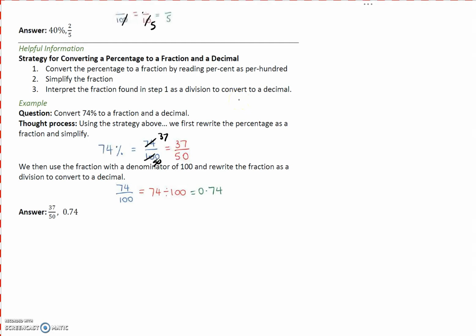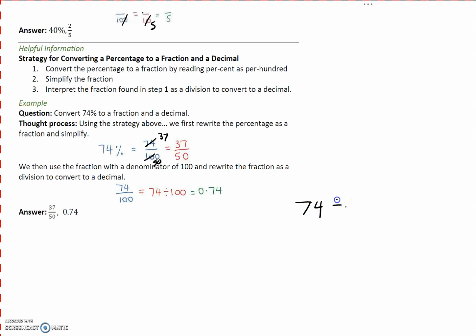Now, convert 74% to a decimal. We again go 74% is 74 on 100. And then we know that dividing by 100 means shifting the place value 2 down. Okay, so 7 tens goes down to ones to tenths, and 4 ones goes down to hundredths. So ones or wholes goes to tenths, then hundredths.